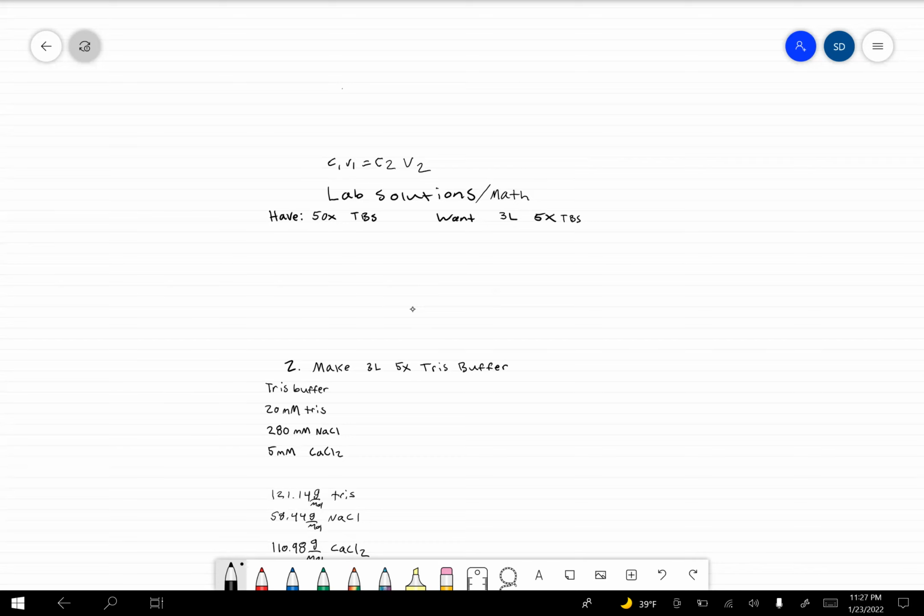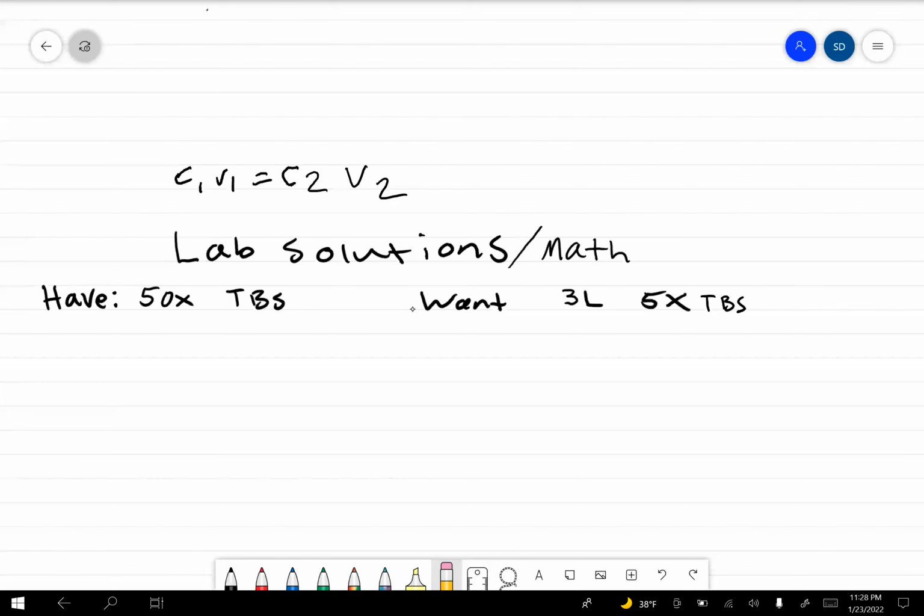Okay, so now we need to identify which one is which. So the first concentration is the 50 times, and we're looking for the volume that we need in order to make the second concentration, 5 times, and 3 liters of it.